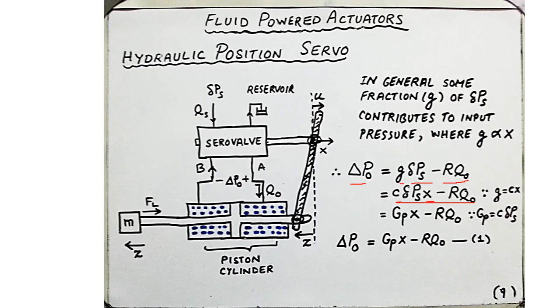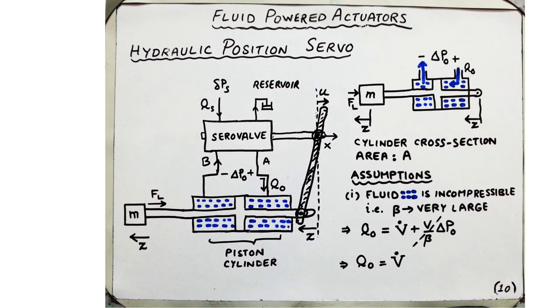And we can write C delta PS as GP, so GP is C times delta PS. This gives us the equation that the fluid pressure difference across the piston cylinder is some constant GP X minus RQ naught.